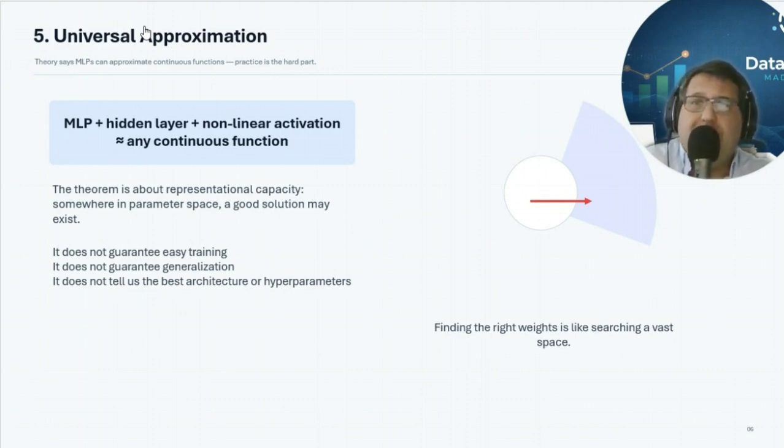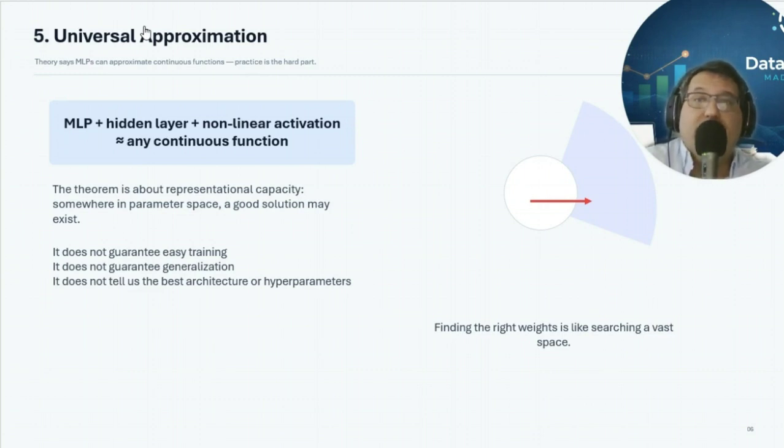Representational capacity is not the same thing as trainability. We can imagine the space of all possible neural network parameters as an enormous multidimensional landscape. Somewhere in that space, there may be an excellent configuration of weights, but finding that configuration is the difficult part.